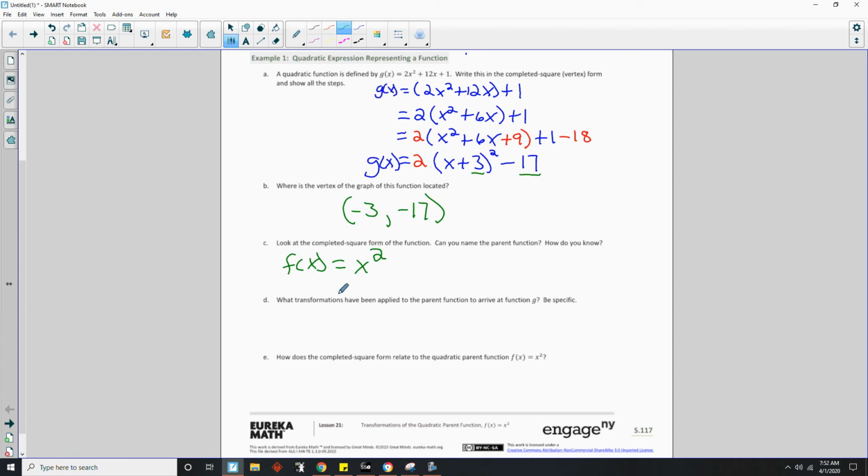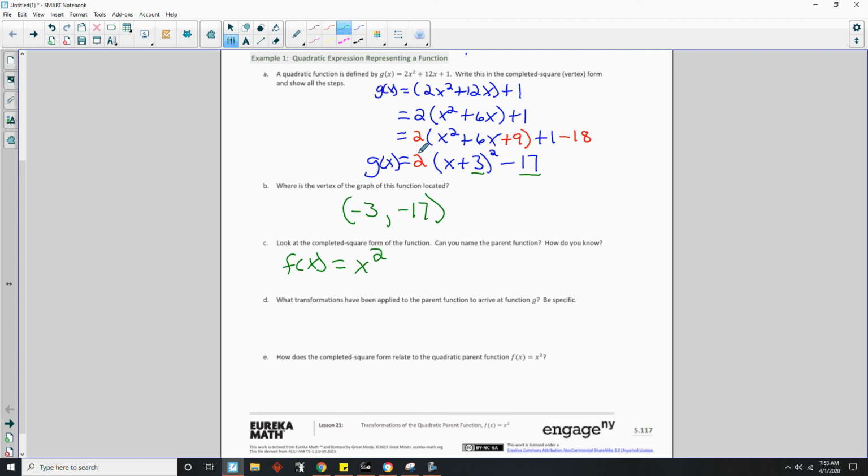Part D says what transformations have been applied to the parent function to arrive at function g and be specific. Okay, so this is a translation 3 units left. This is a translation down 17 units.